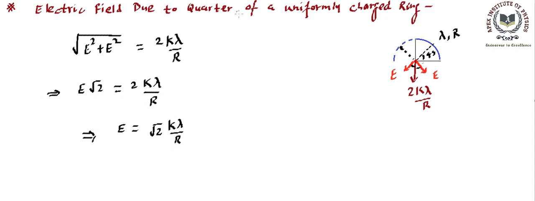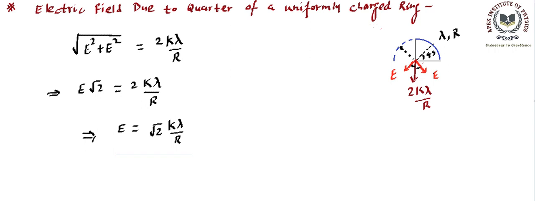So that's going to be the total field because of a quarter of a ring, and the direction of this field is going to be along the angle bisector, which means we can make two components of the field because of a quarter of the ring, one along the direction of x, another along the direction of y.